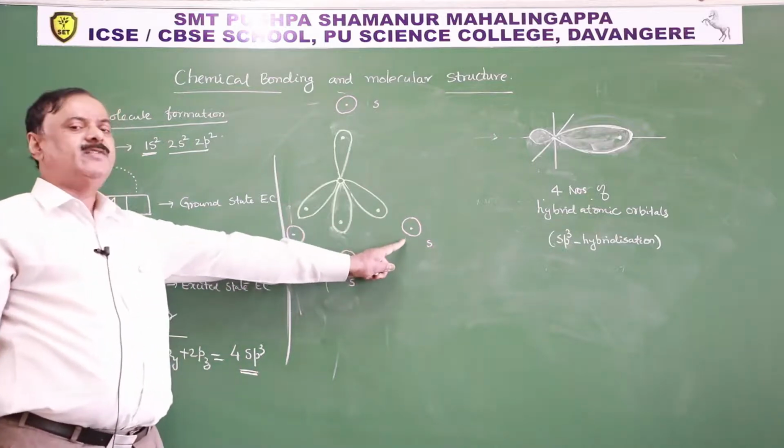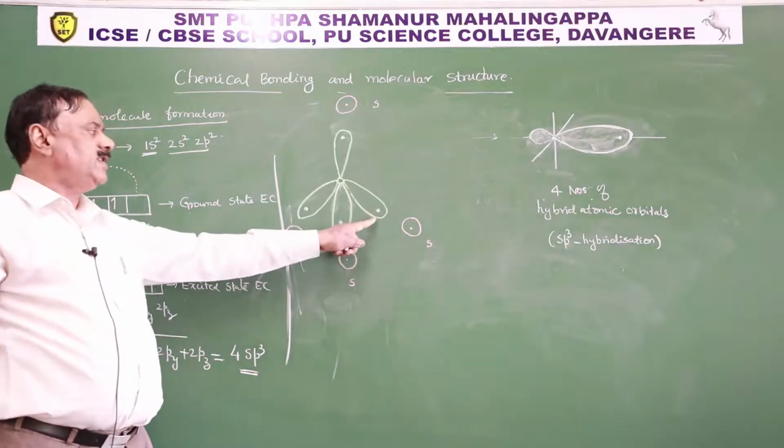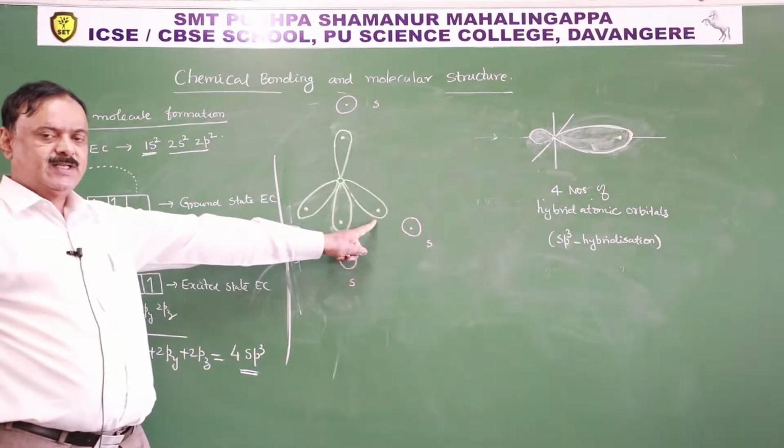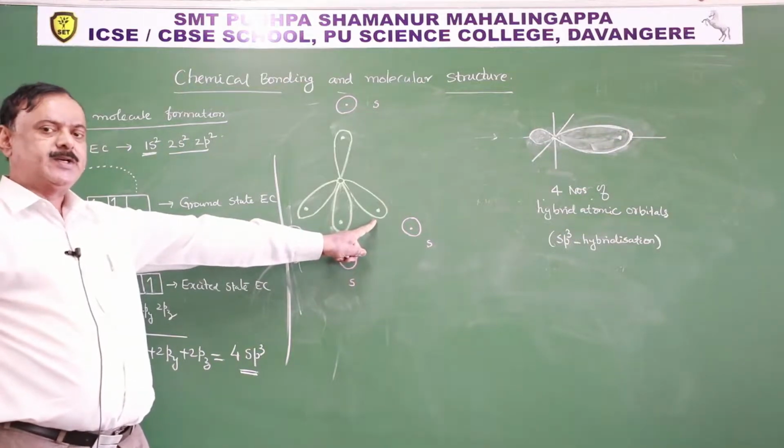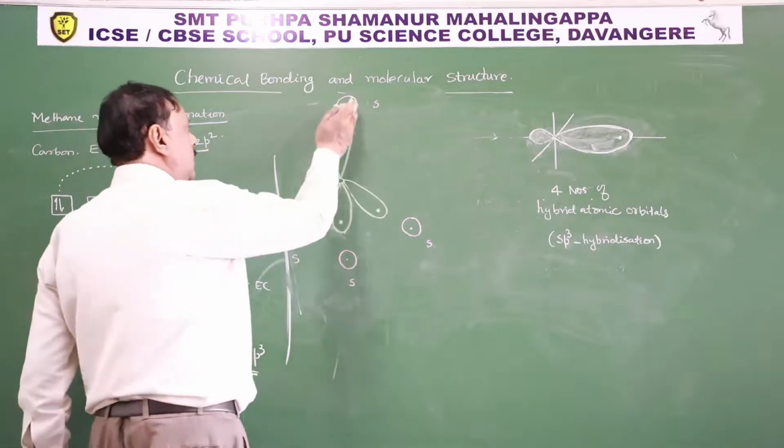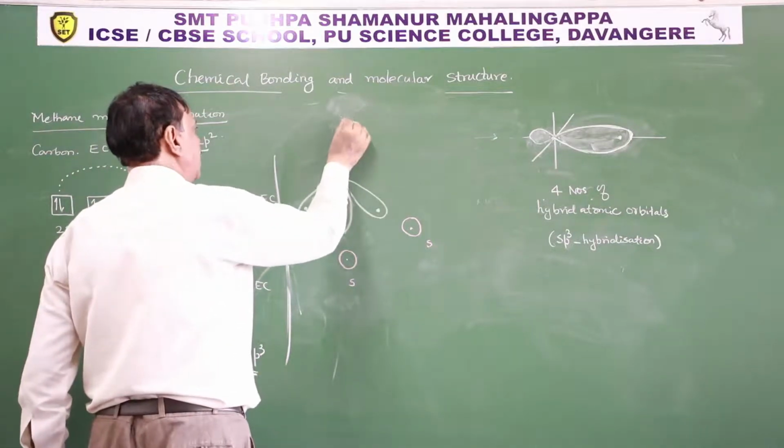Hydrogen needs 1 electron for the octet state, and this sp3 hybrid atomic orbital also needs 1 electron for the octet state. Therefore, they overlap with one another.